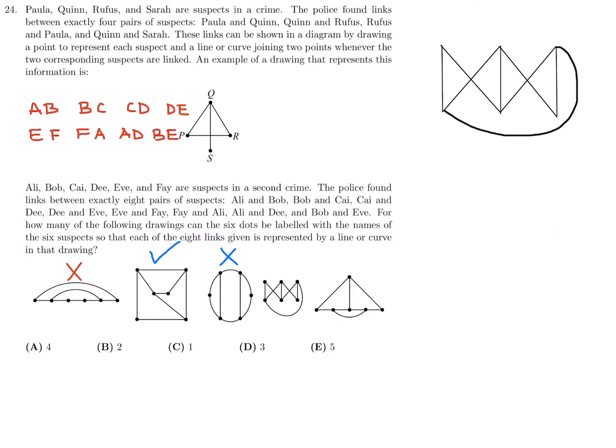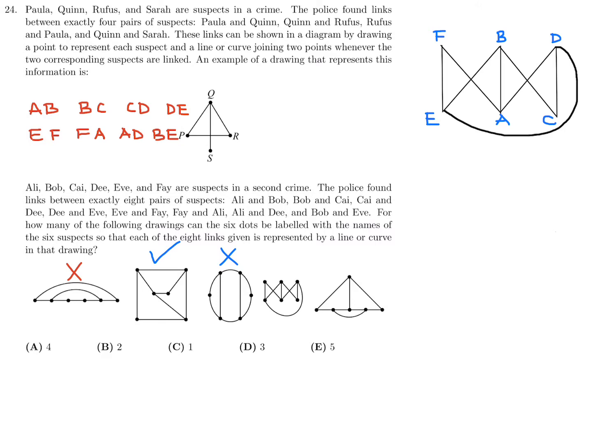Okay, let's label this, see what we can do. I'm going to put A here because A's got to link up to B and F and D. So I put B here, D here, and F based on what's here. That'll allow me to make this work. And then D links to E, and then that means this has got to be C.